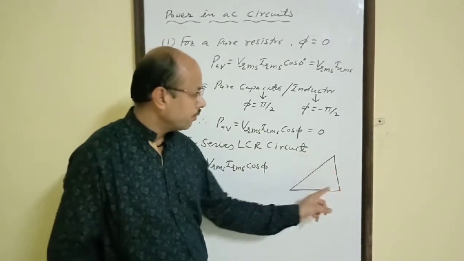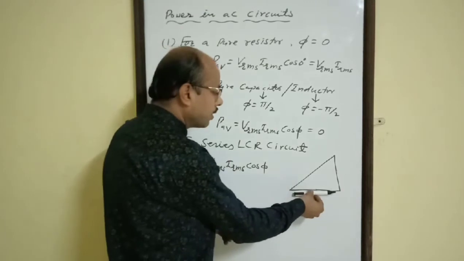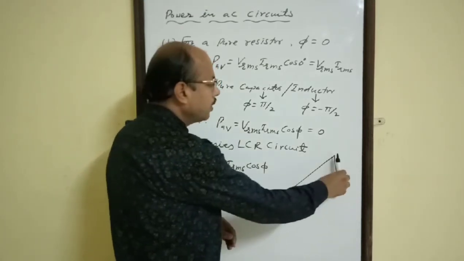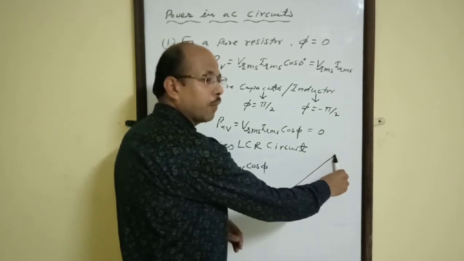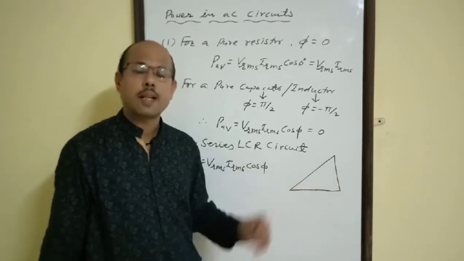If you recall that phasor diagram, you can easily understand this side is denoted by VR, voltage across R. This side is denoted by VL minus VC. And we have derived tan phi from this triangle.